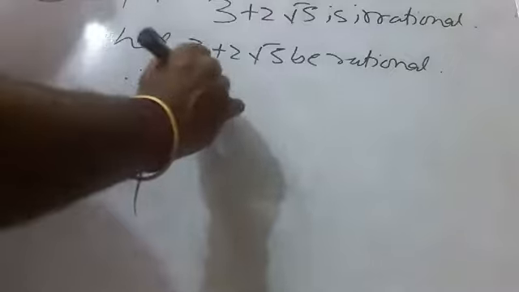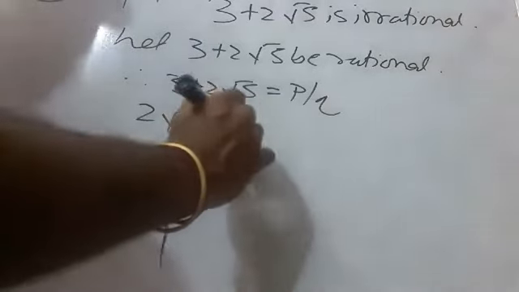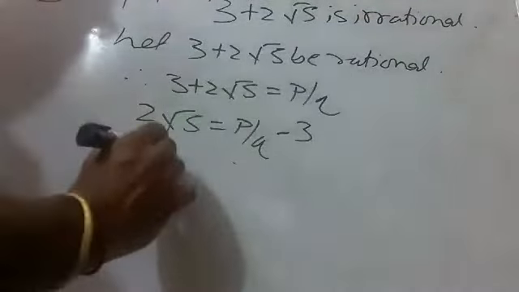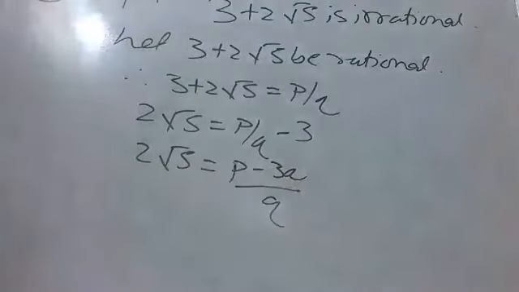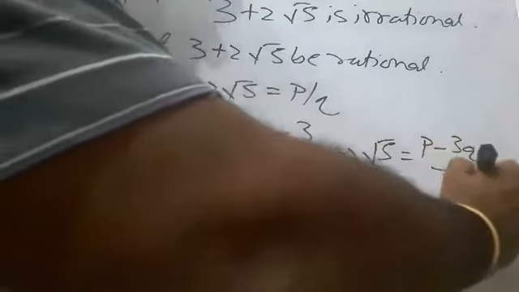Therefore 3 plus 2 root 5 is equal to p by q. So 2 root 5 is equal to p by q minus 3. So 2 root 5 is equal to p minus 3q upon q. Now we can take this 2 to the right hand side. So we will get root 5 is equal to p minus 3q upon 2q.